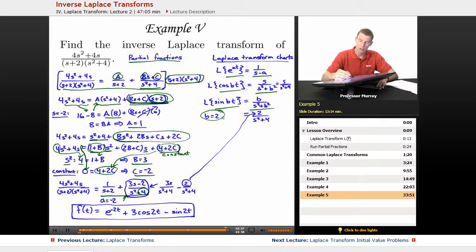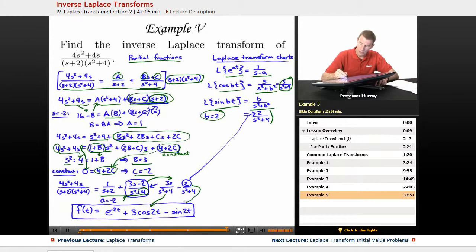And so I figured out, if I plug in b equals 2, for the sine I'll get 2 over s squared plus 4. For the cosine, I get s over s squared plus 4. And so in order to invoke those, I separated this out into the 3s part and the 2. The 3s part gave me 3 cosine of 2t.